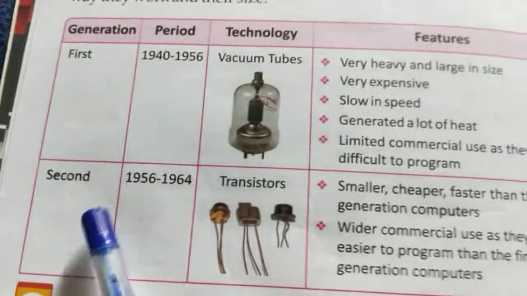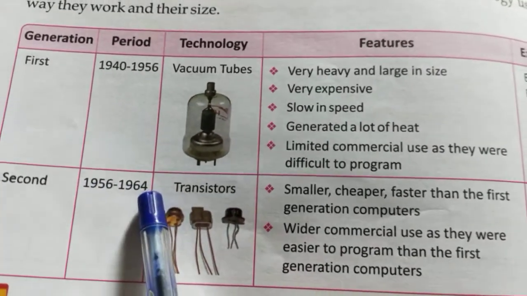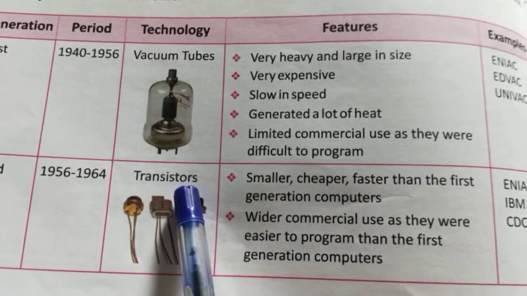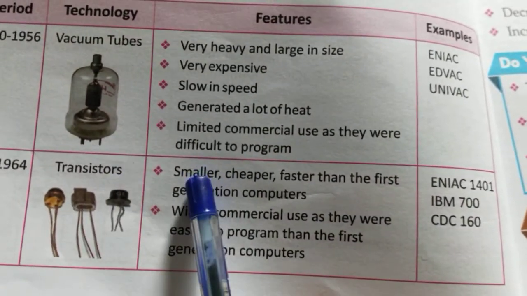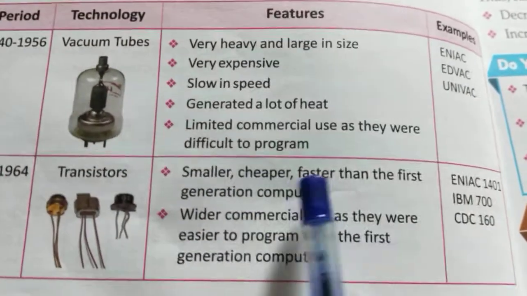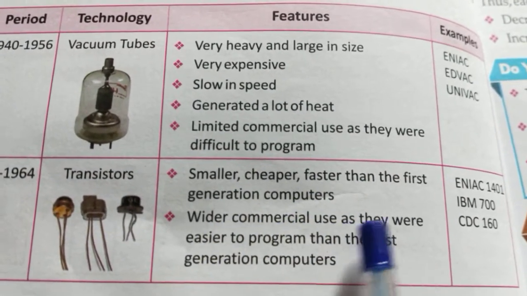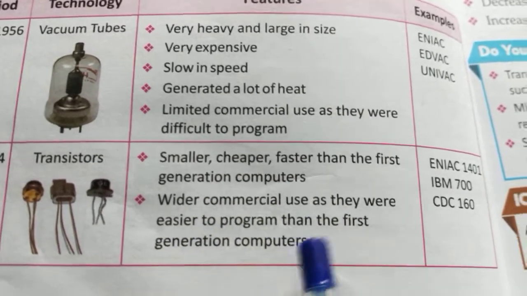Now the second generation, which is from 1956 to 1964. Technology was transistors, and the features of transistors were smaller, cheaper, faster than the first generation computers, with wider commercial use as they were easier to program than the first generation computers.